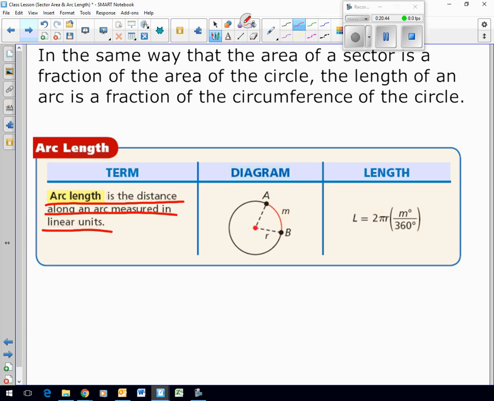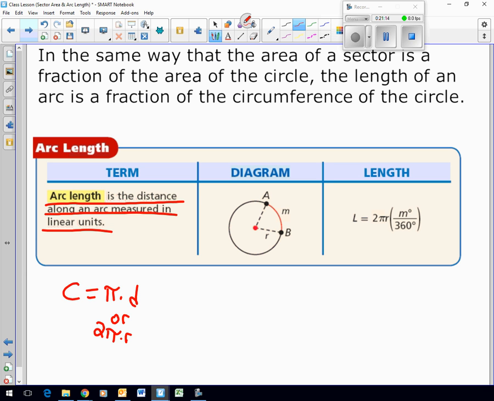What's the formula for the circumference of a circle? Oh, pi r squared. No. Circumference of a circle. Left-hand column.